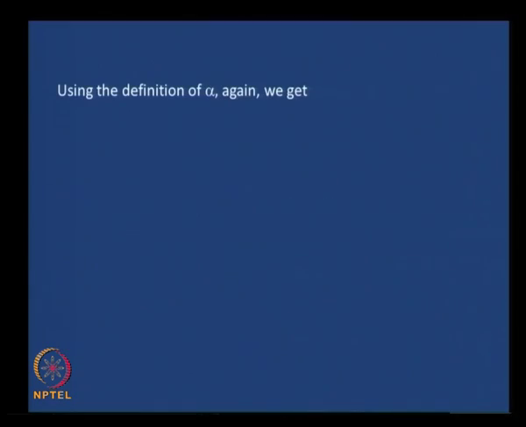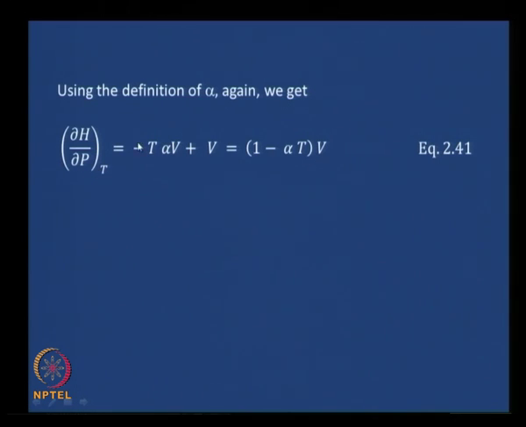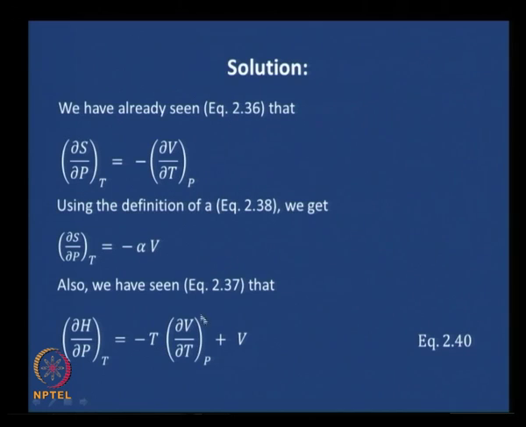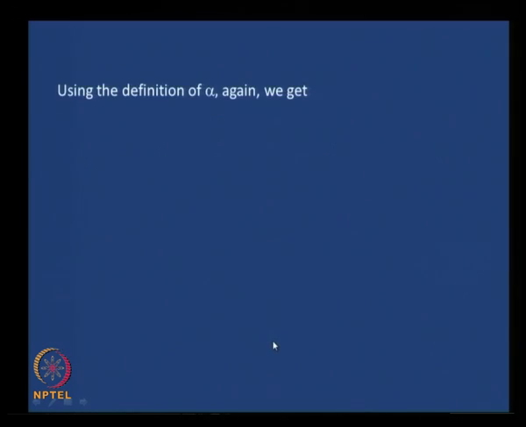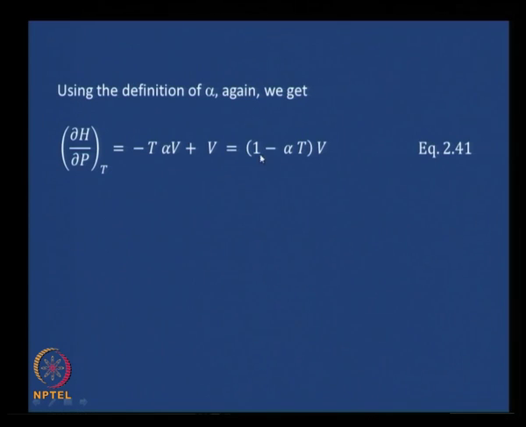Okay, let us look at the remainder of the solution. Using the definition of alpha again, (1/V)(∂V/∂T) at constant P, we can write ∂H/∂P at constant T in the previous equation as minus T alpha V plus V. If you factorize V out, you can write this as (1 minus alpha T) times V. Let us call this equation 241.